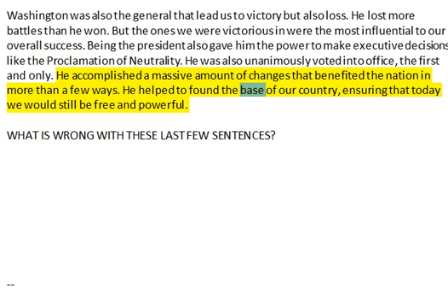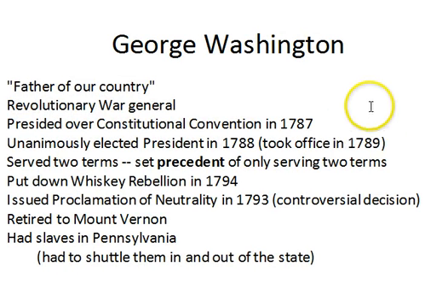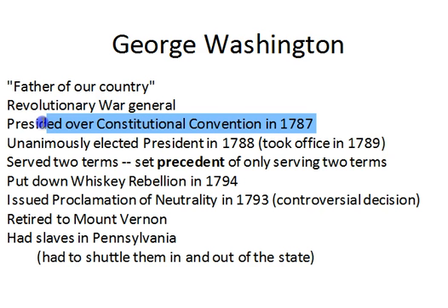So this has some good stuff in it, but it needs to have all the components that we outlined at first. And so the ones that are missing are that he presided over the Constitutional Convention, and that's just a sentence that's easy to put in.